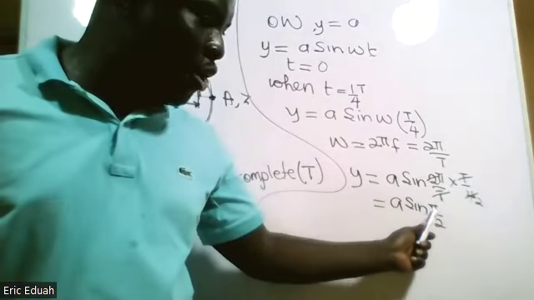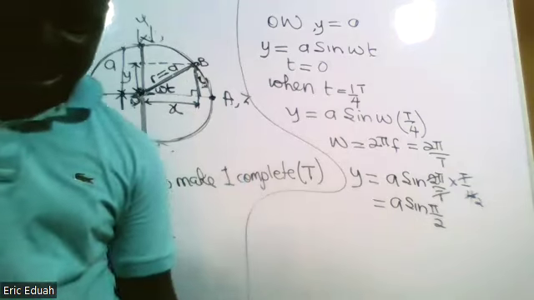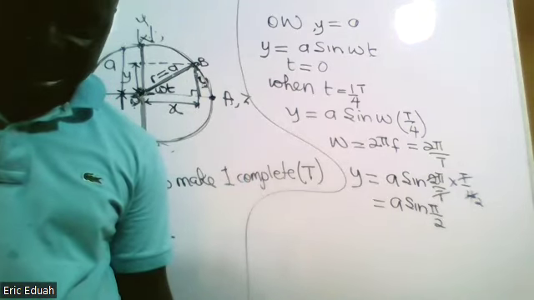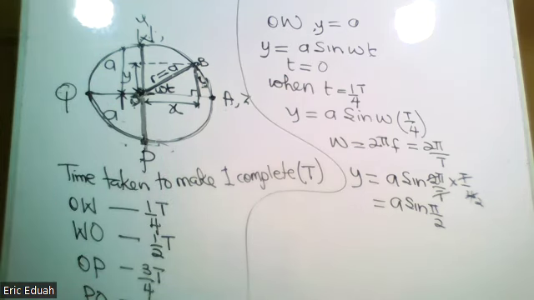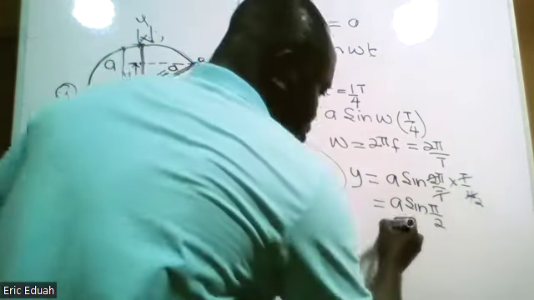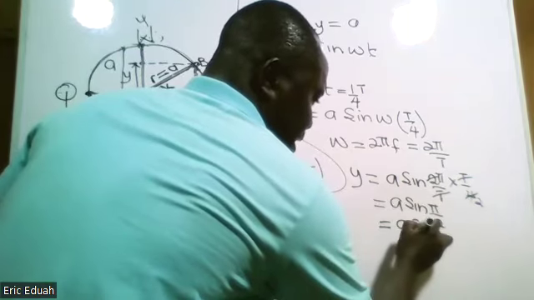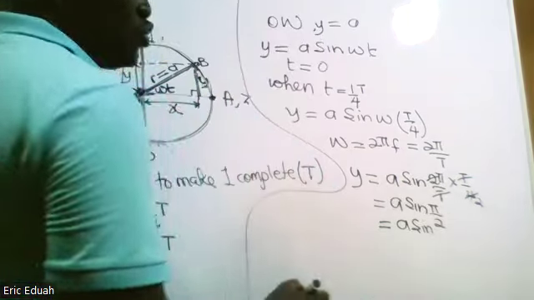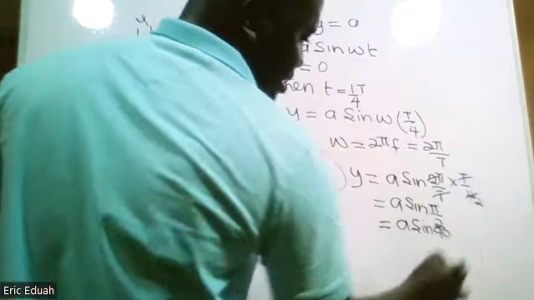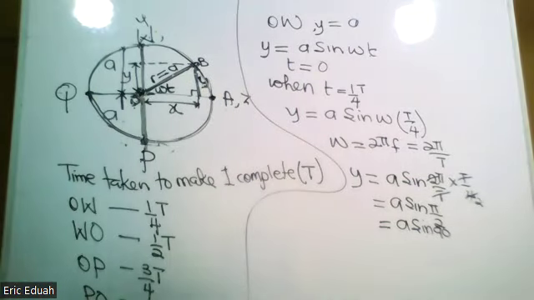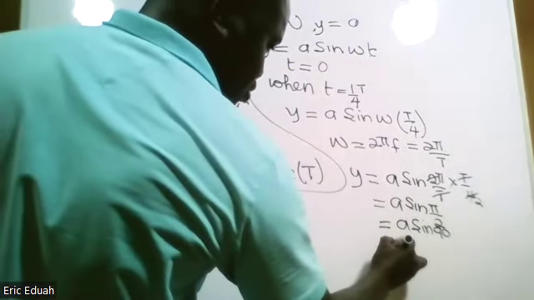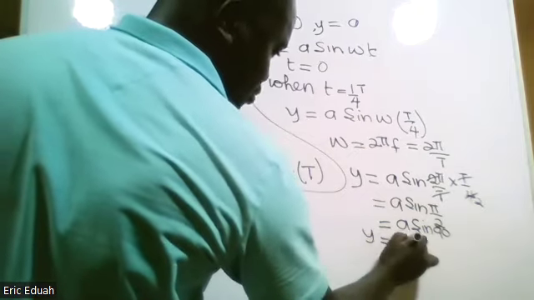What is pi on 2 in degrees? 90 degrees. Pi is 180, 2 pi is 360. So pi on 2 is 90. So when you change pi on 2 to degrees, you have A sine 90. And because sine 90 is equal to 1, y is equal to A.